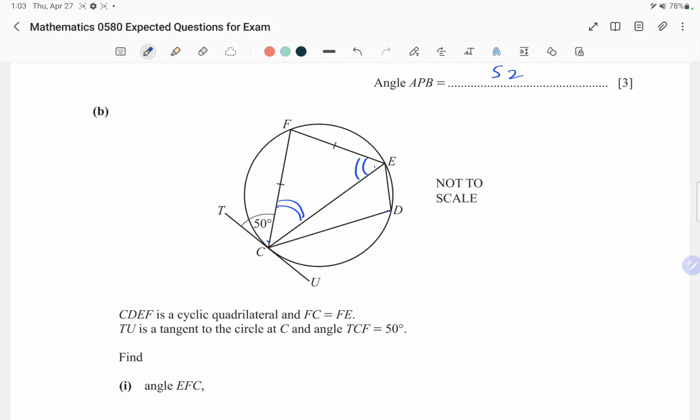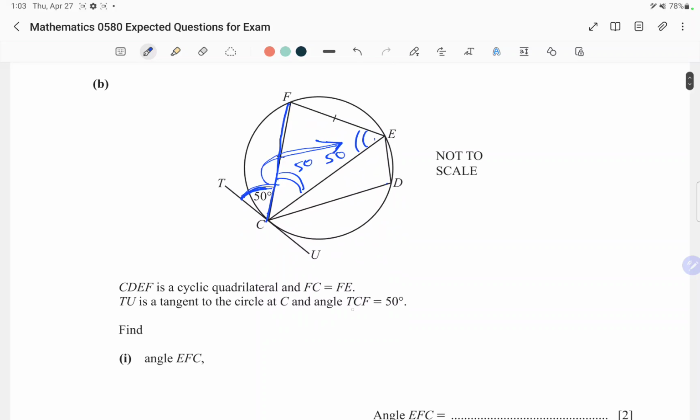TU is the tangent, and the tangent and this chord make an angle over here. So this angle will be equal to this angle because of the alternate segment theorem. So if it is 50, then it will be 50, and then this will also be 50 because of the isosceles triangle.